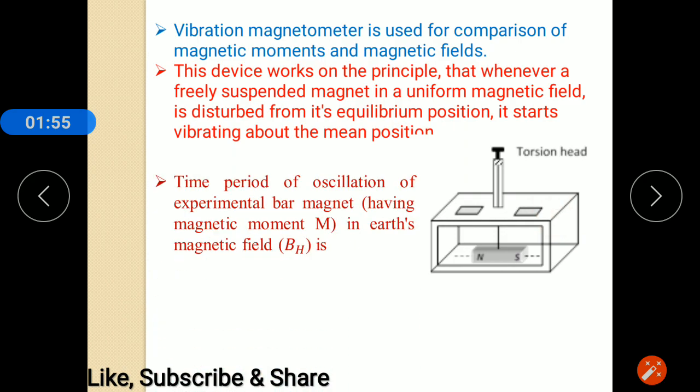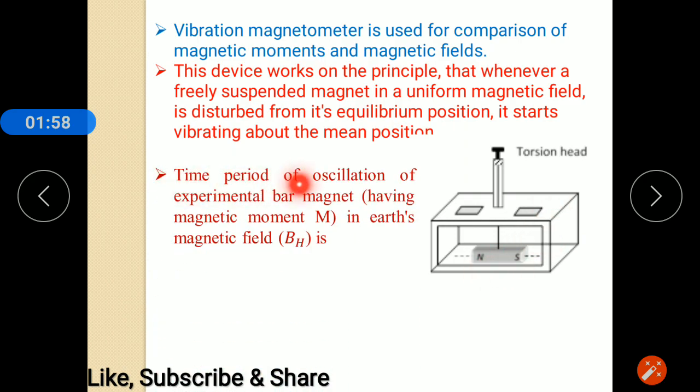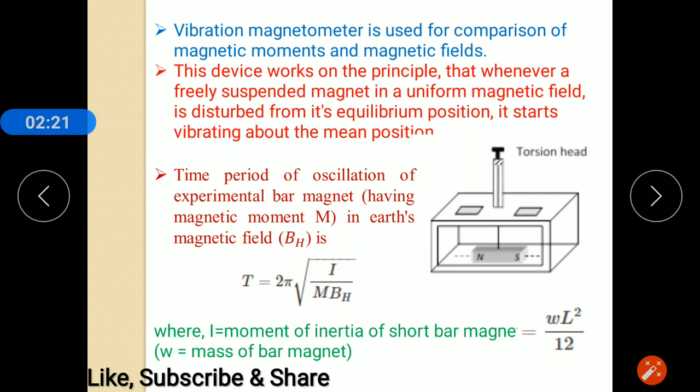From this oscillation we can measure the time period using the equation which we derived in the last video, for the torque acting on a magnetic dipole placed in a uniform magnetic field: T is equal to 2 pi square root of I upon M B_H. M is the magnetic dipole moment of the bar magnet, B_H is the horizontal component of the earth's magnetic field, and I is the moment of inertia of the short bar magnet about its axis.